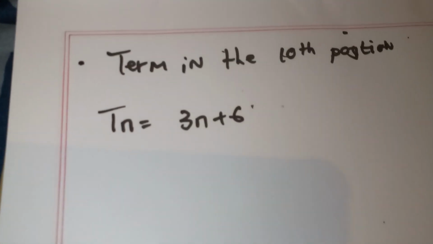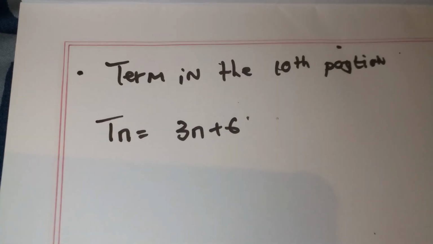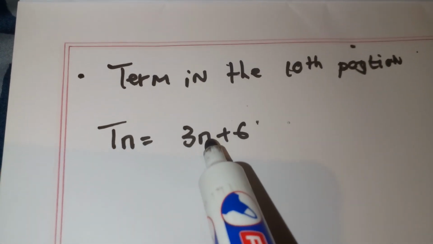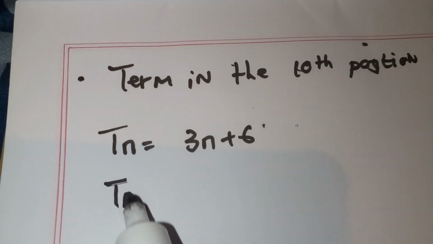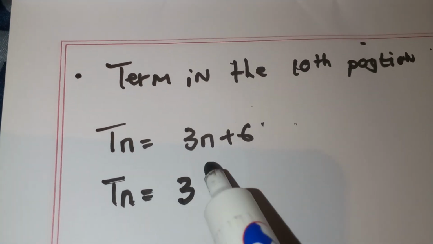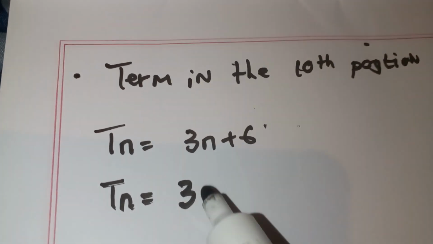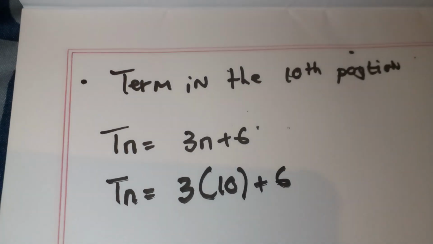Okay, so if it's 3n plus 6, guys, now we are looking for the term. We are given the position. Remember, we said that this n is for the position. So now Tn is equal to 3, and instead of the n we substitute the position, which is the 10th. So it's going to be 3 multiplied by 10 plus 6.